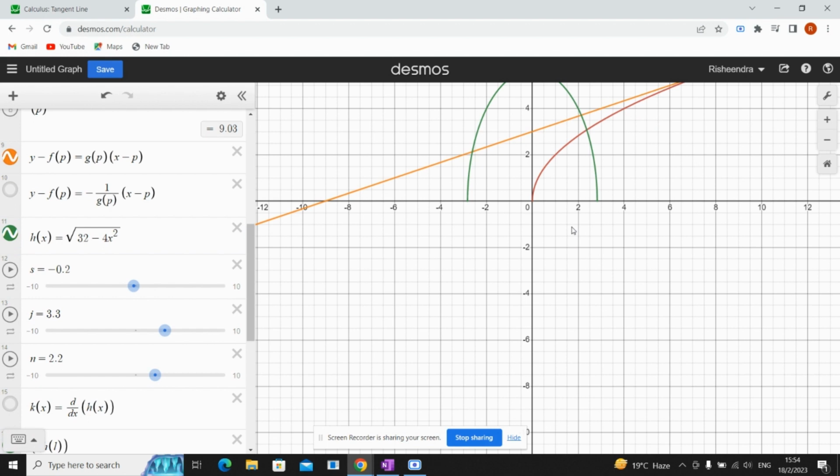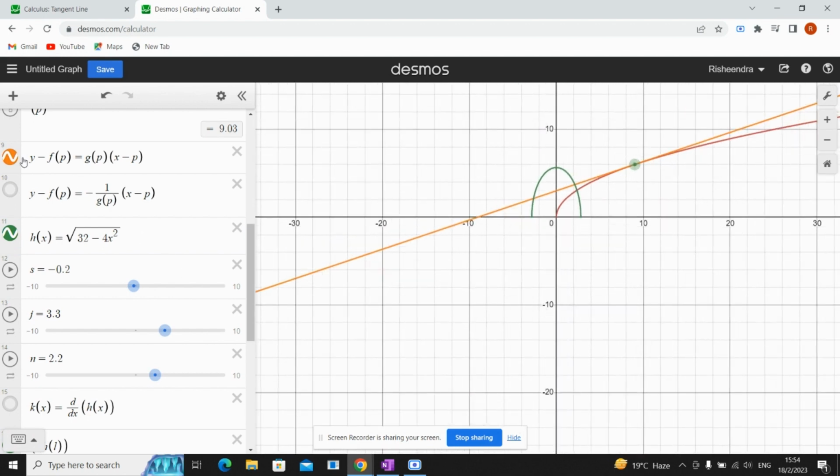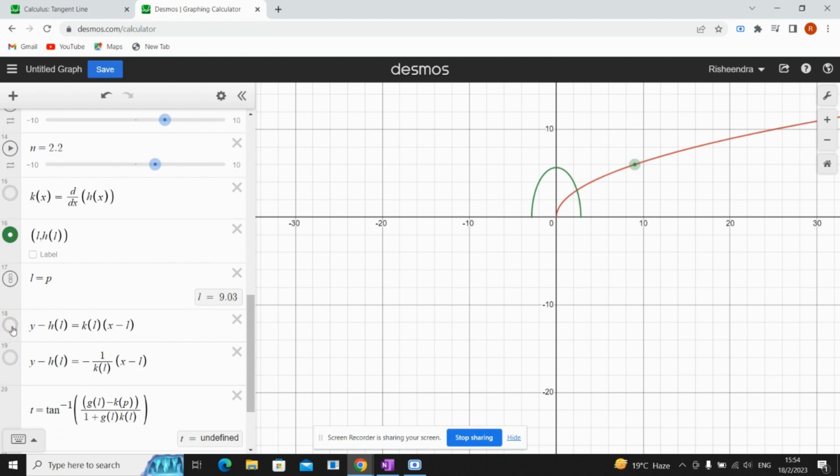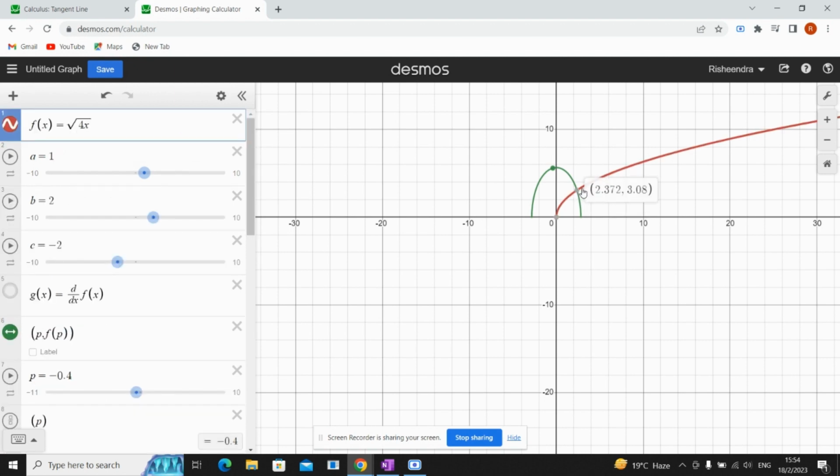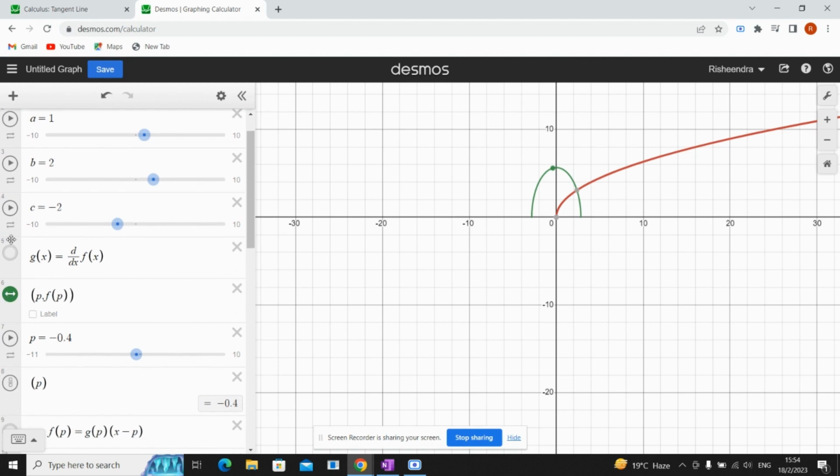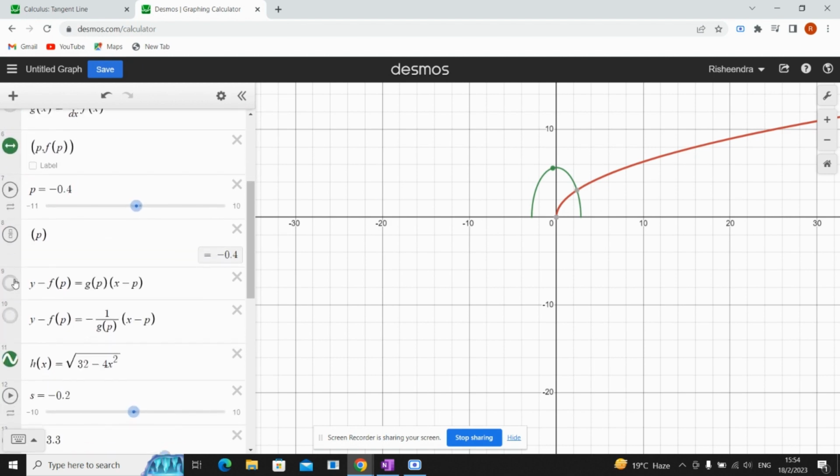Let's make these tangents visible. Okay, look, these two are the curves and this is the point. This looks like a half semicircle and these two intersect at this particular point, right? At this point, so we have to find the angle. Let's make the tangents visible.